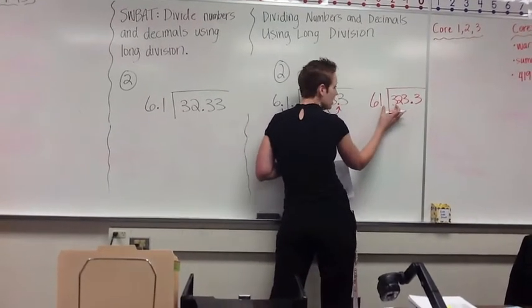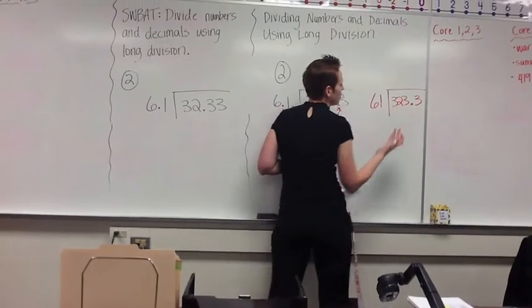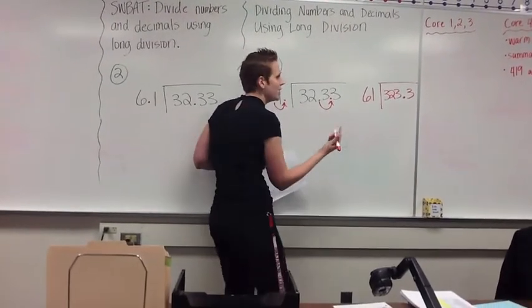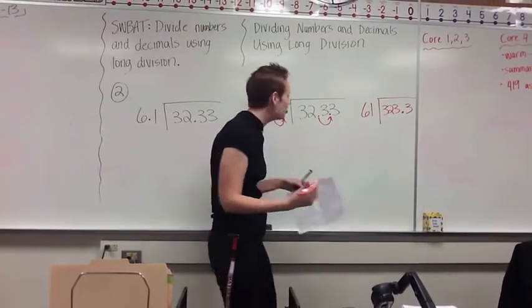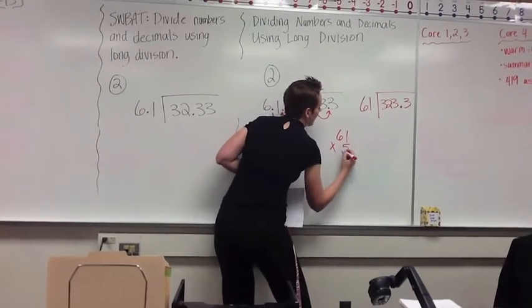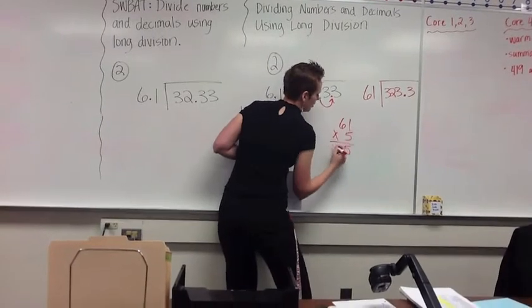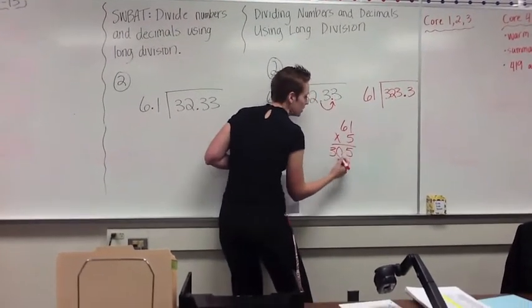So the first thing is we're going to take 61, and does it fit into 3? Well, no. Does it fit into 32? Not yet. 61 goes into 323. Not sure how many times. I know that 6 times 5 is 30-ish, so we're going to try 61 times 5. 5 times 1 is 5, 5 times 6 is 30, 305.